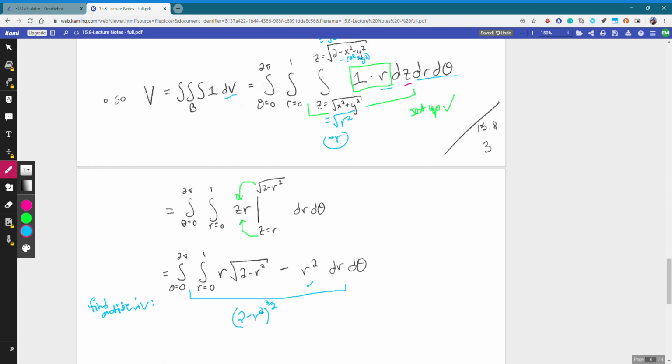Now, let's just try this out. If we took the derivative here with respect to r, what would we get? We'd get 3/2 times 2 minus r squared to the 1/2, and then times the derivative of the inside, negative 2r.